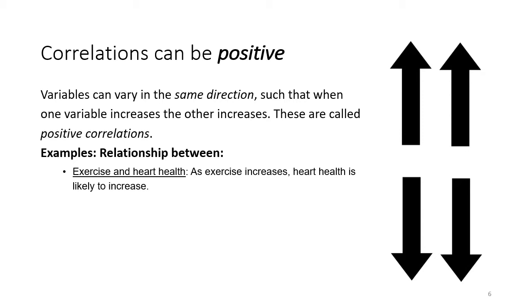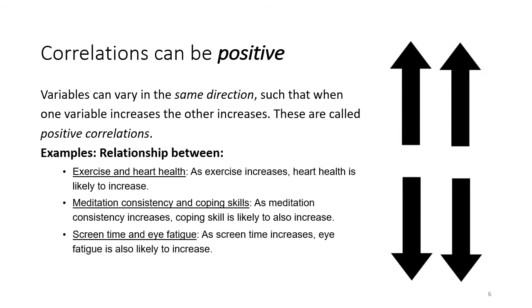So if you can picture exercise on this first arrow going up, and if you can picture the other upward arrow as heart health, you can see that as exercise increases, heart health is likely to increase. Not for every individual, but as a trend looking at a large number of data points, likely.